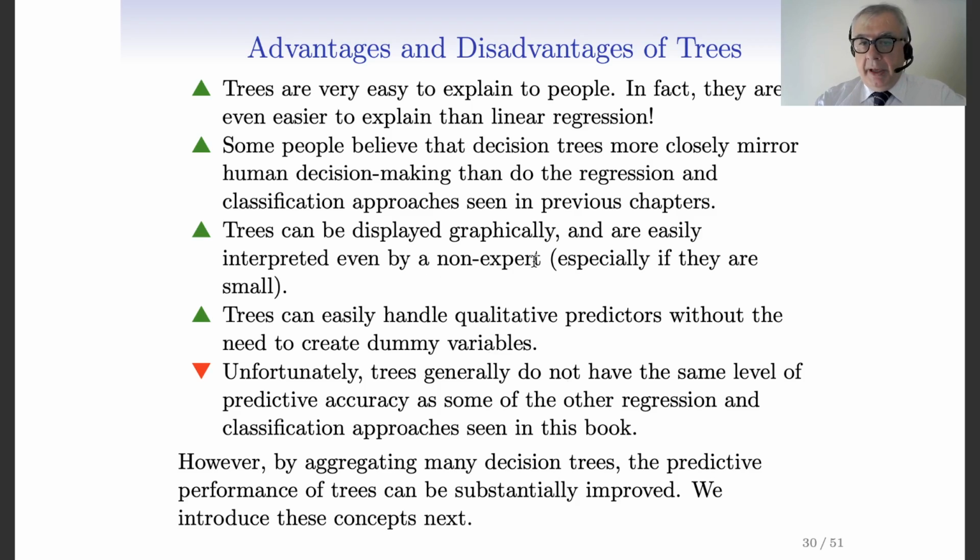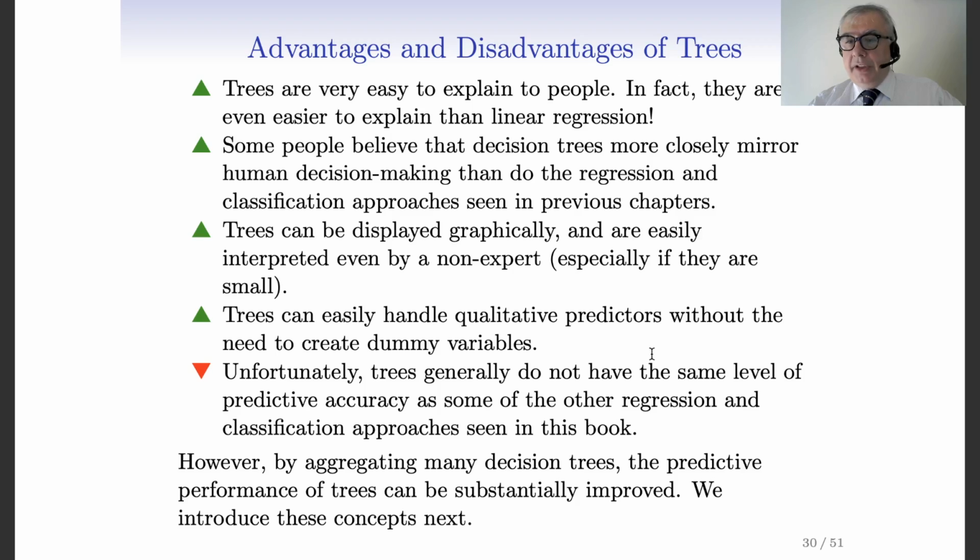They can be displayed graphically and are easily interpreted by a non-expert, especially if they are small, of course. If you have a very large tree, that could be difficult to understand. They can also handle qualitative predictors quite easily without introducing dummy variables, a trick that we had to learn with reference to linear regression.